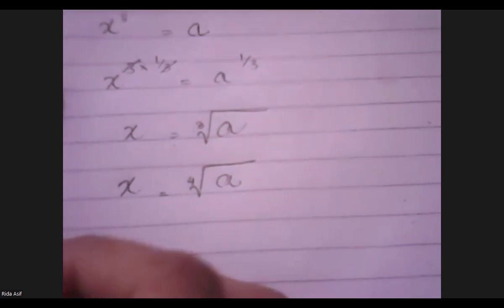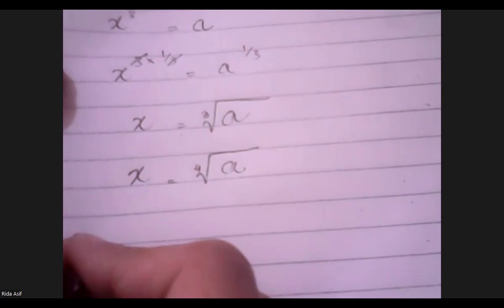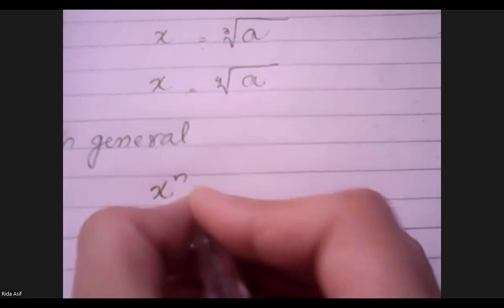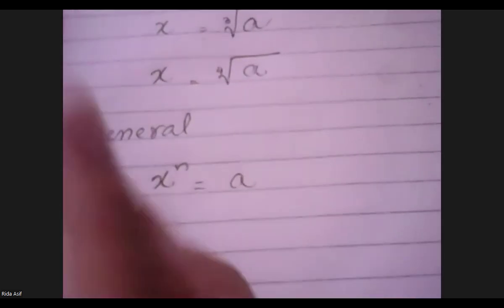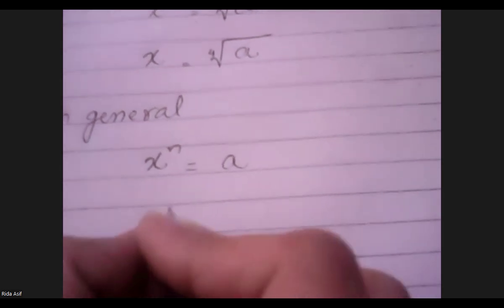And in general, if we are having x power n equals to a, right? If there is power n, we only want x power 1. We will multiply both sides with power 1 over n, like this. The 1 over n and n cancel.